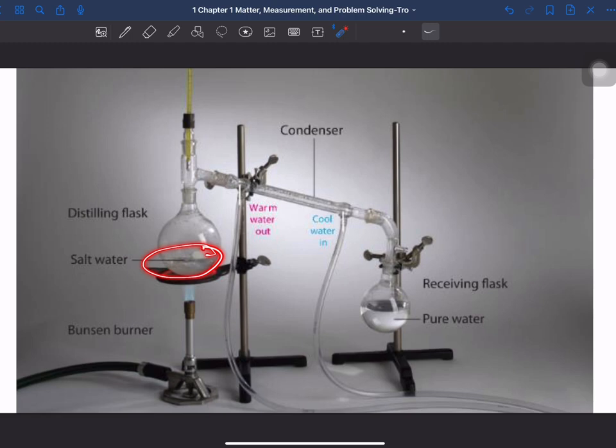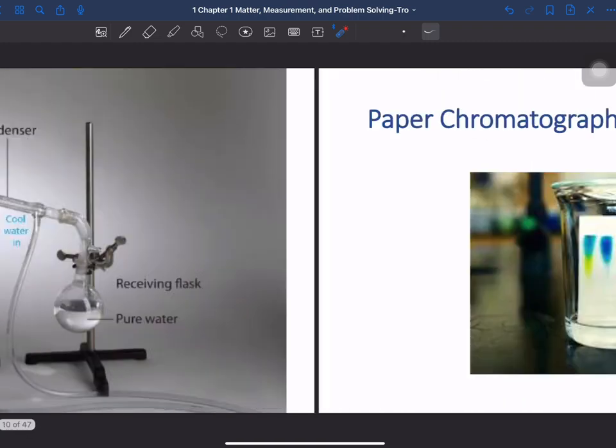We have our mixture, in this case salt water, and it gets heated up until it reaches this condensing tube, where the water will move down the condensing tube because it's cold in that tube. We have cold water going in, and then it will go in this receiving flask, and this is how we get our pure water. And eventually we will only have salt back in our distillation flask.